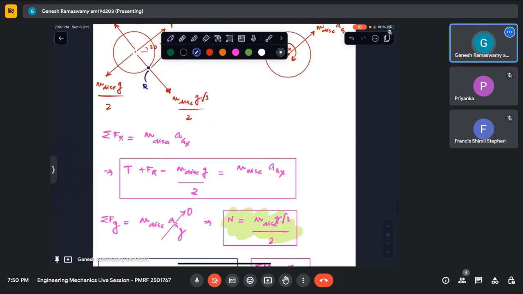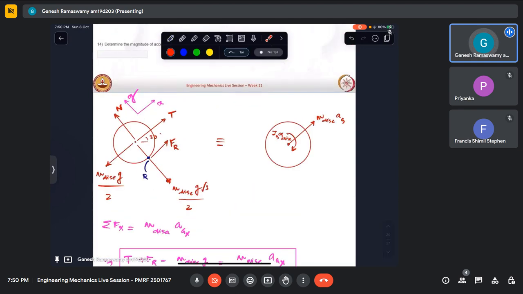So this will give me tension minus mg. I'm considering tension to be more because naturally it is moving in that direction.